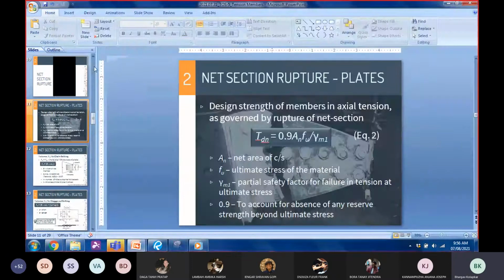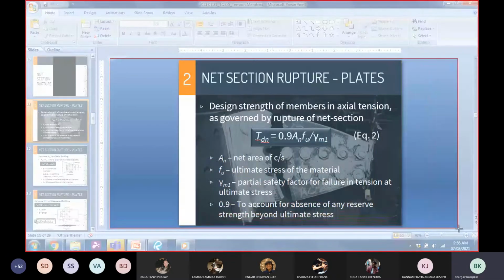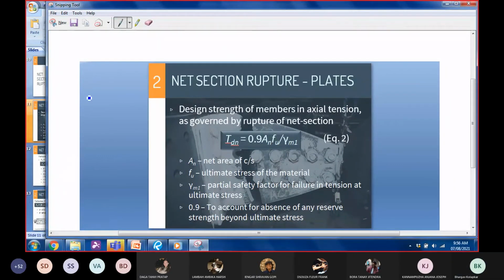Okay, then let us look at how we find out a formula for this. Now we have seen that stress is equal to force upon area. I'm denoting force again by T. This is our area. We want to find out what is the force. So the force is equal to stress into area.